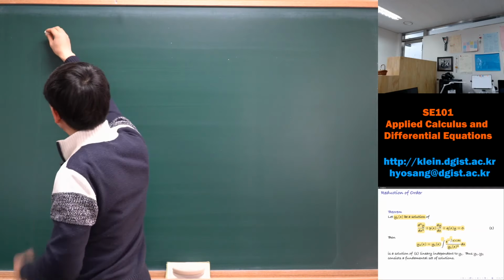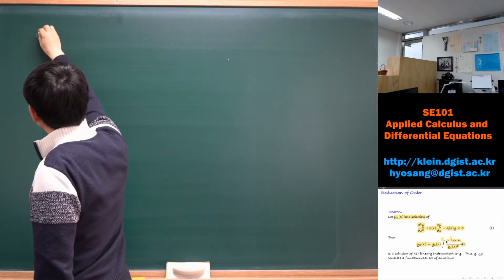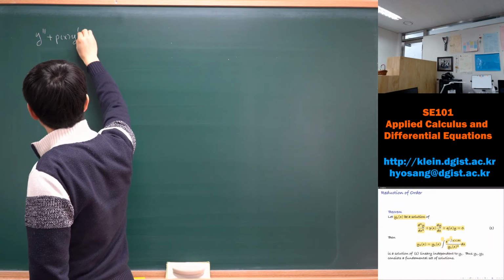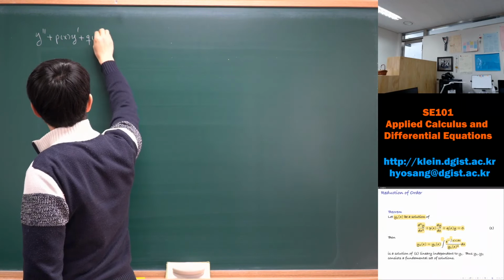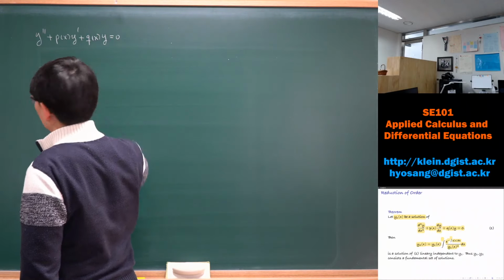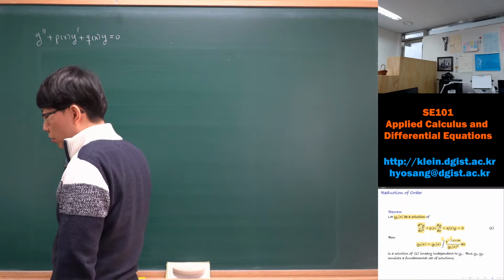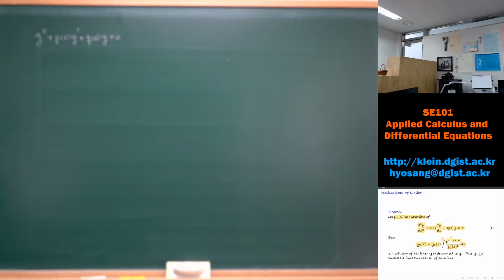So this is our setup: y'' + p(x)y' + q(x)y = 0. Note that this is a homogeneous differential equation, and let's say we know that y1 is a solution.